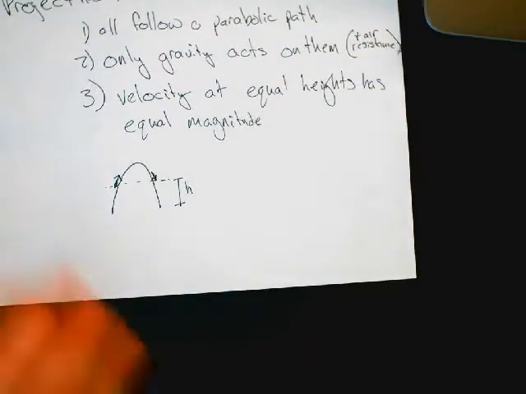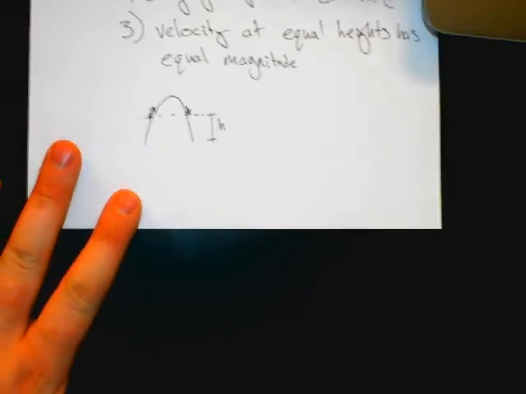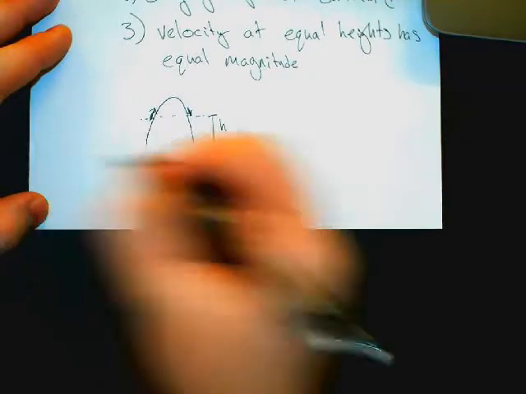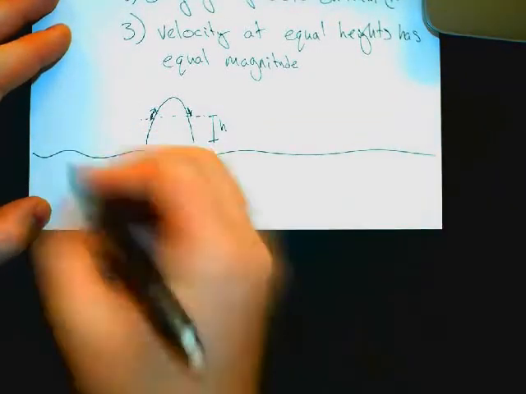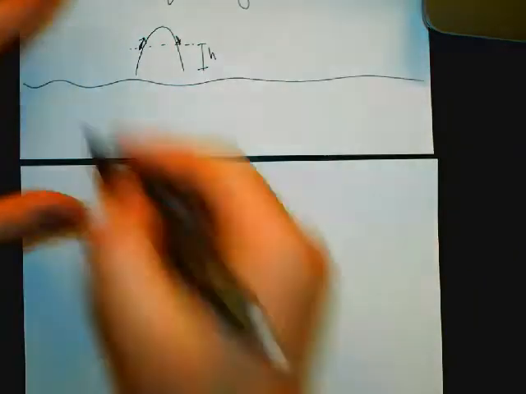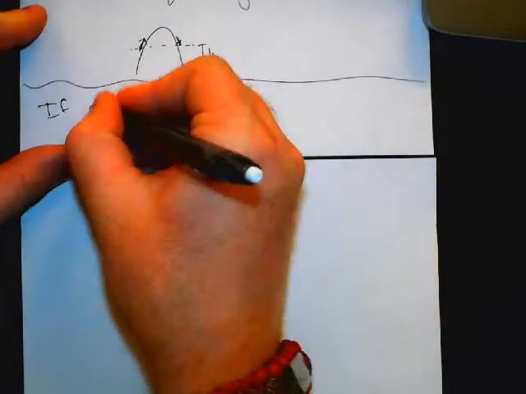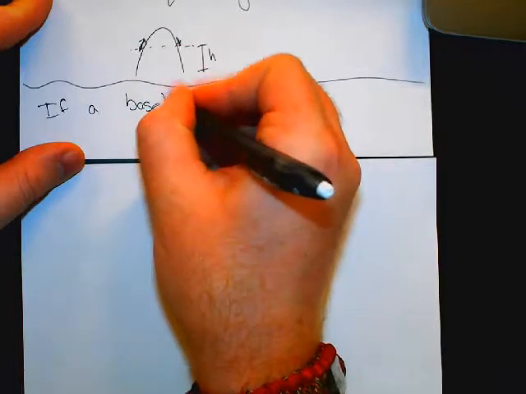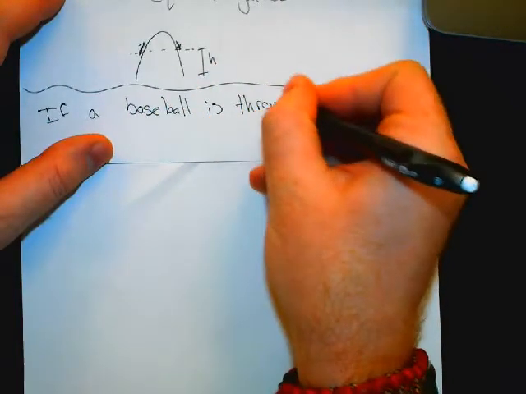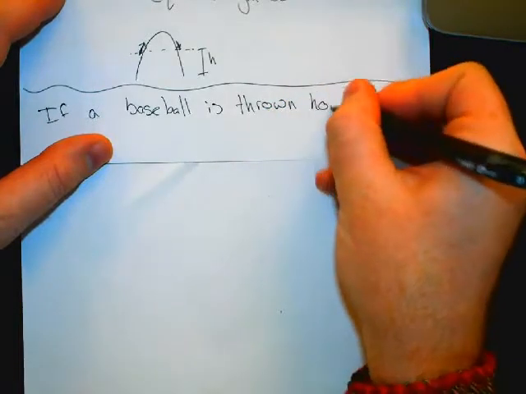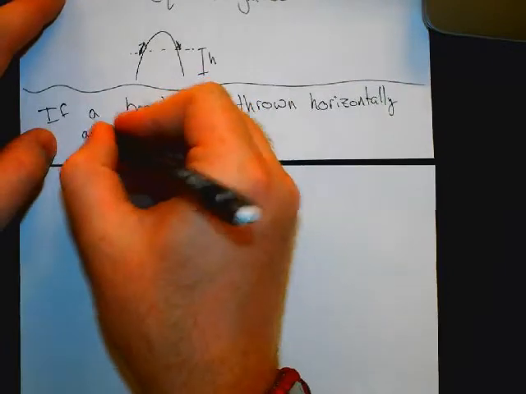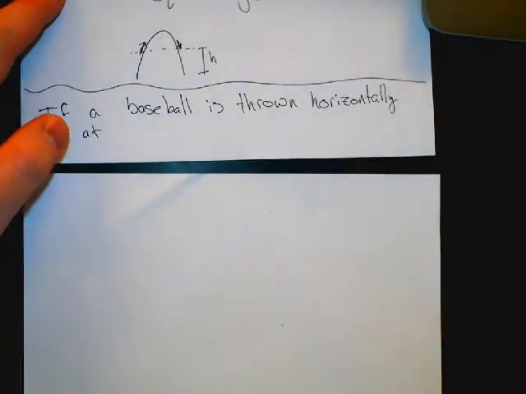So let's look at actually solving for something that's been thrown. Let's start with an easy example here. If a baseball is thrown horizontally at what's standard baseball speed in the majors?